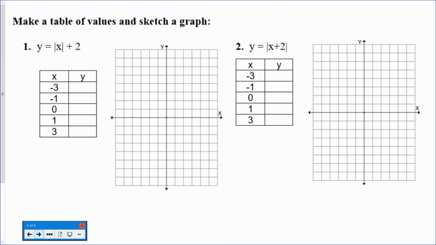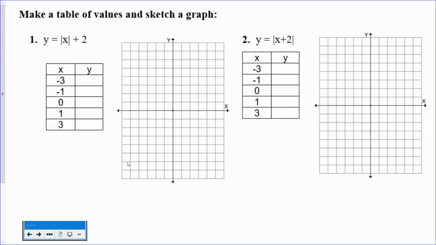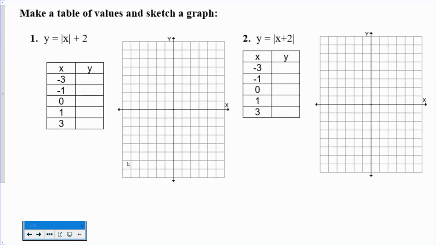Let's take a look at the next two examples, and we're going to make a table and sketch of the graph. Now I want you to think about what we learned from yesterday, even before you make the table, and just think about the transformations and knowing what that does.